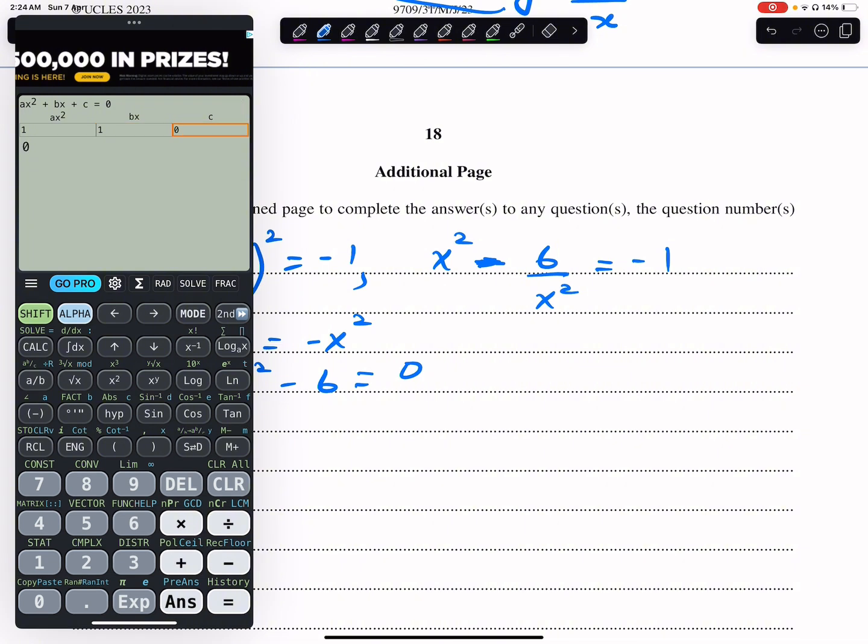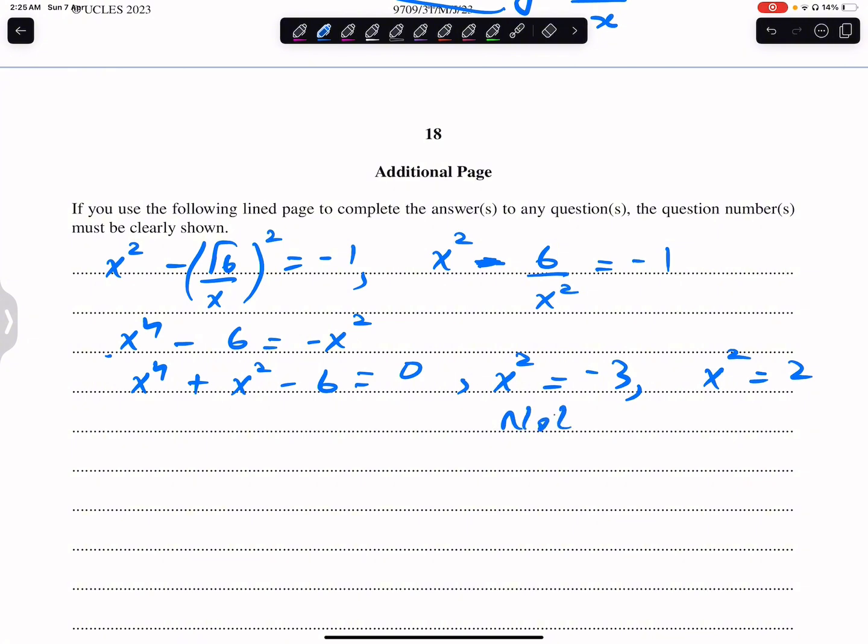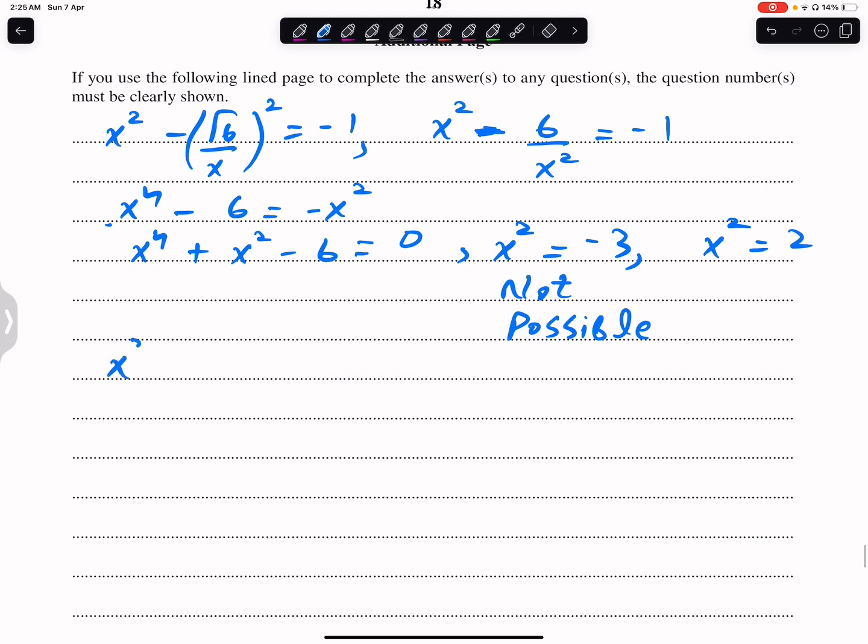The first value of x² is minus 3, which is not possible, and the second value of x² is 2, which is possible. So the only value you will have is x² equal to 2. So x is equal to plus minus √2.